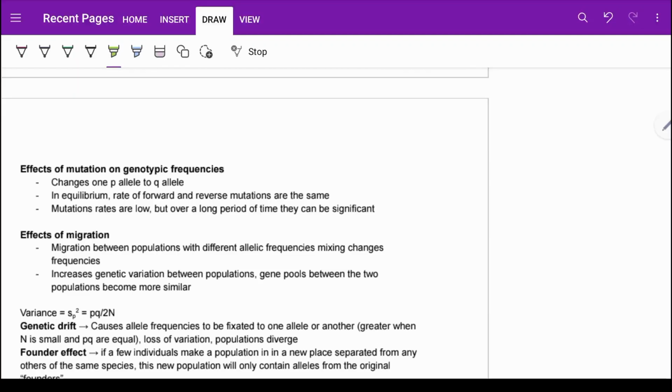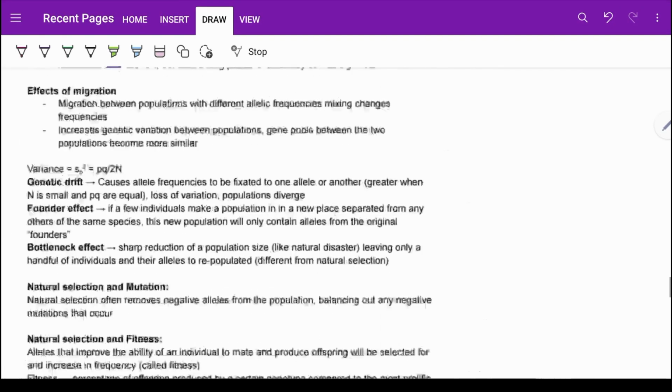Every time a mutation transfers one P allele to a Q allele, a reverse mutation transfers a Q allele to a P allele, so everything balances out. Mutation rates are usually pretty low, but over a long period of time they can be significant, which is how we get natural selection and evolution.